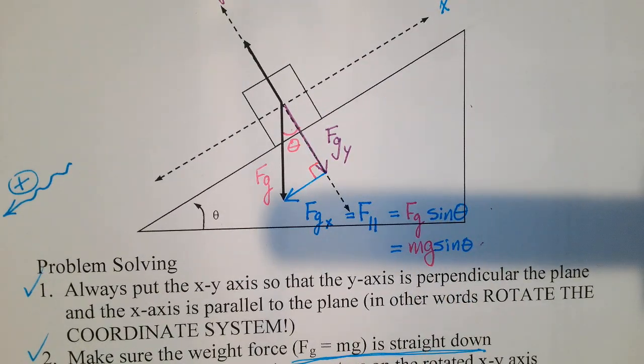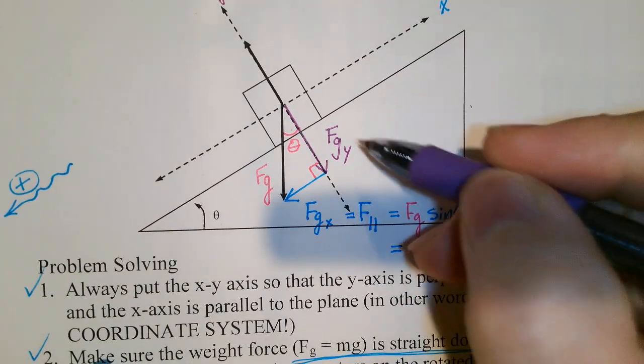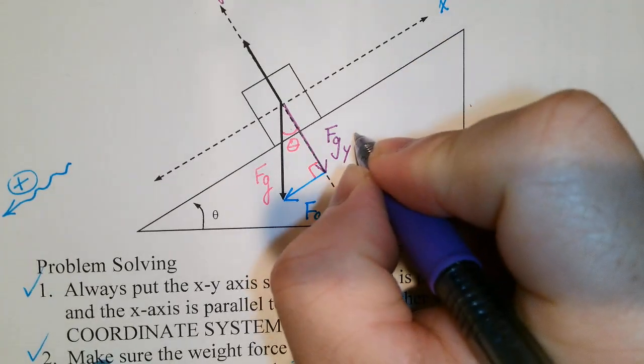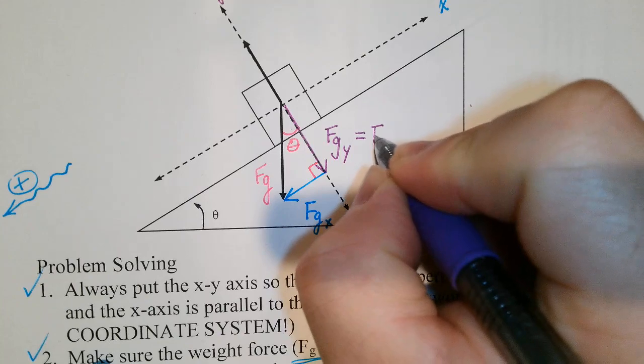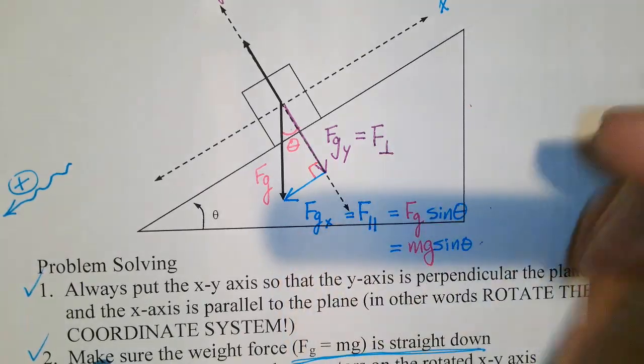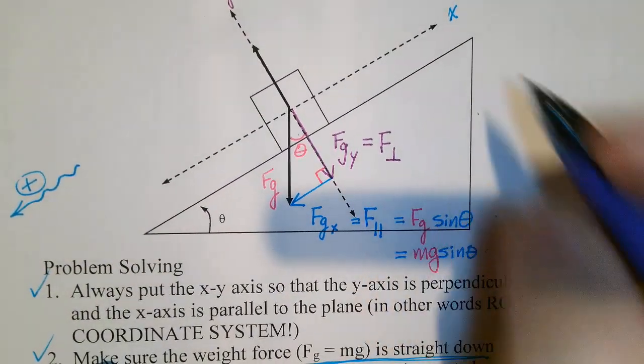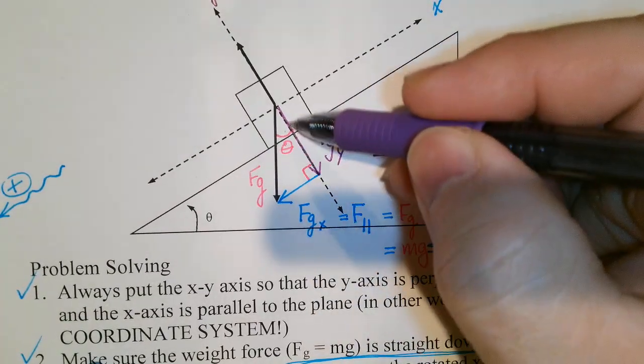Now, if we take a look at the Fgy, otherwise known as F perpendicular, this F perpendicular is adjacent to my angle theta.